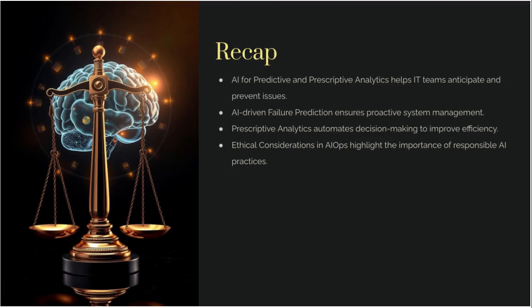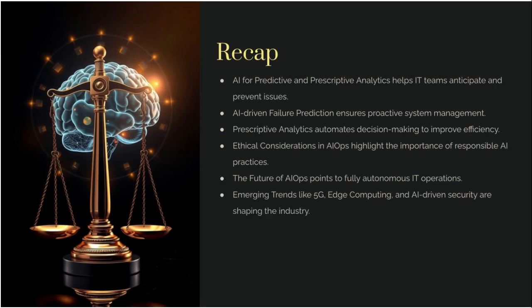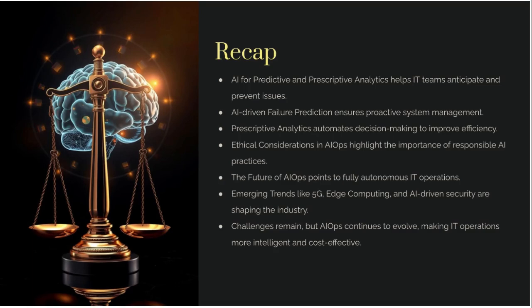Ethical considerations in AIOps highlight the importance of responsible AI practices. 5. The future of AIOps points to fully autonomous IT operations. 6. Emerging trends like 5G, edge computing, and AI-driven security are shaping the industry. 7. Challenges remain, but AIOps continues to evolve, making IT operations more intelligent and cost-effective.